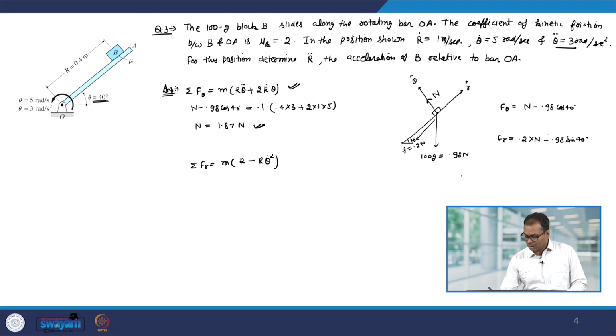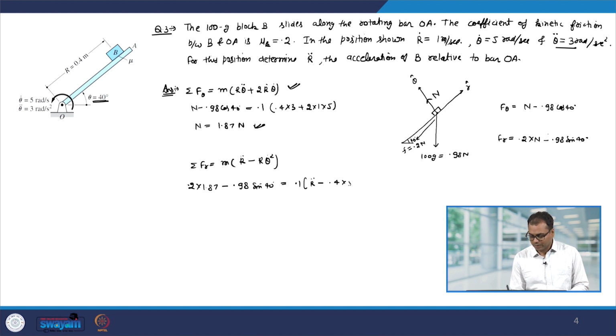So, we have f r, which is 0.2 n. So, 0.2 into n, n is something that we know now. So, it is 0.2 into 1.87 minus 0.98 sin 40 degree equal to m is 0.1, r double dot is something that we have to find out, minus r is 0.4 into theta dot square.